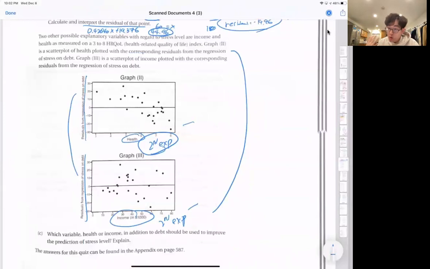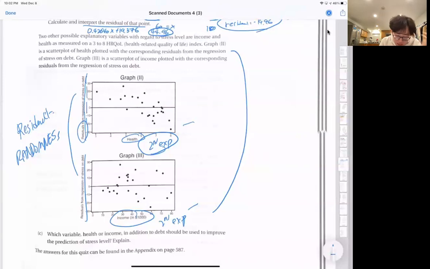Remember, I always told you for the residual plot, we are always talking about the randomness in things. So the more randomness we have, the better the linear fit will be. But if we're involving a secondary explanatory variable, usually the y-axis says residual, but this one says residual from regression of stress on depth.